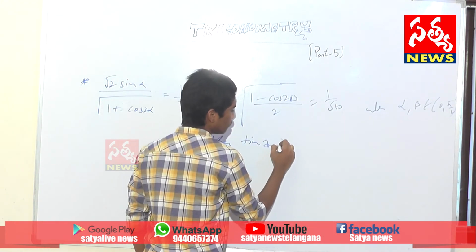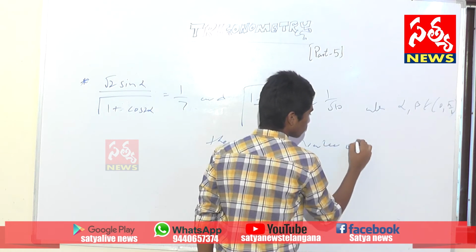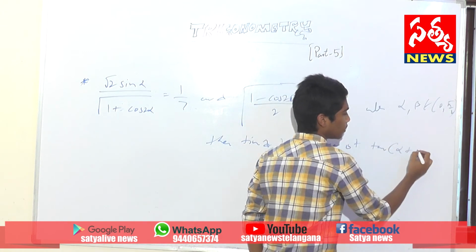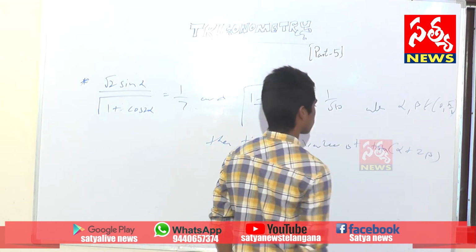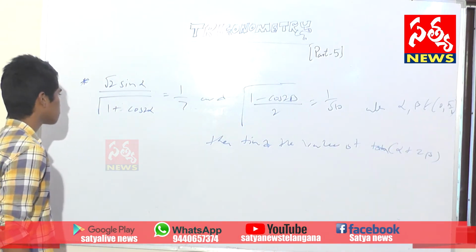Then find the value of tan alpha plus 2 beta.